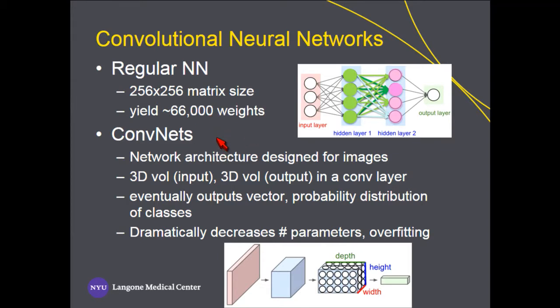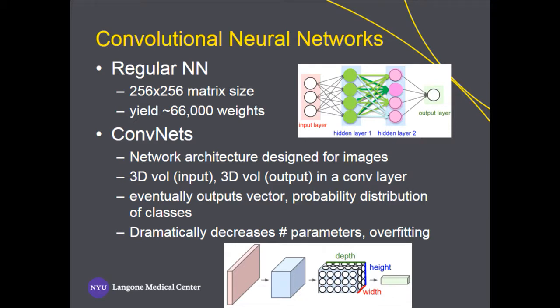So convolutional neural networks are specifically designed for inputting images. And so you could do a 2D or 3D convnet, and basically you put the whole thing in, and you get out a vector, which is a probability distribution of which class something belongs in, whether it's hemorrhage or not, infarct or not.